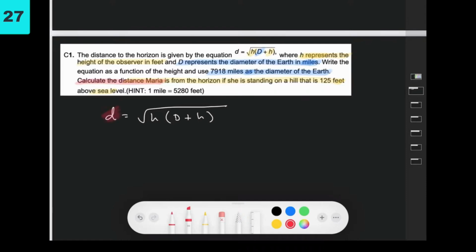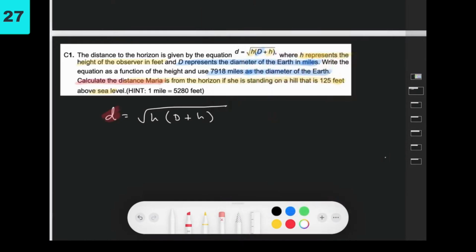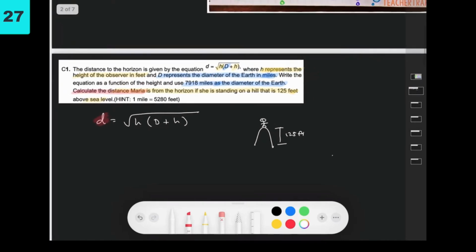That's this d. So let's draw a picture. This might help. So there is a hill, 125 feet, and there's Maria. And we're trying to find that distance to the horizon.